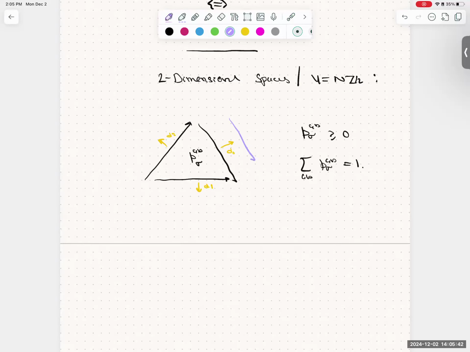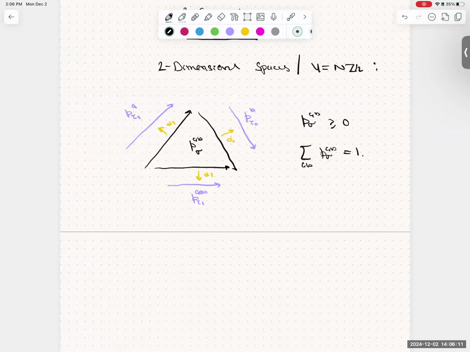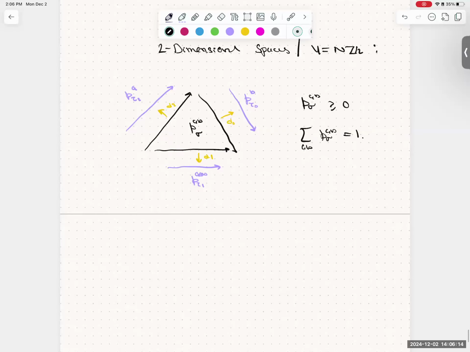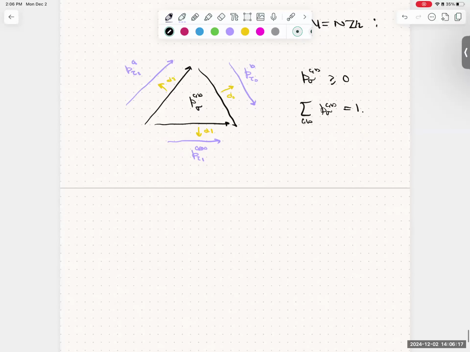And maybe I will call this thing P tau 0, and this will be B, P tau 2 A, P tau 1 A plus B. So these are the marginal distributions. We know how to find the faces. So it turns out that you can just express these probabilities directly using the marginals instead.